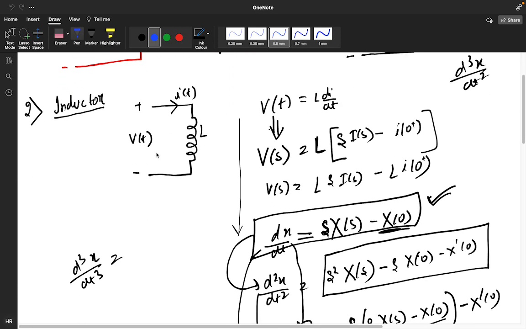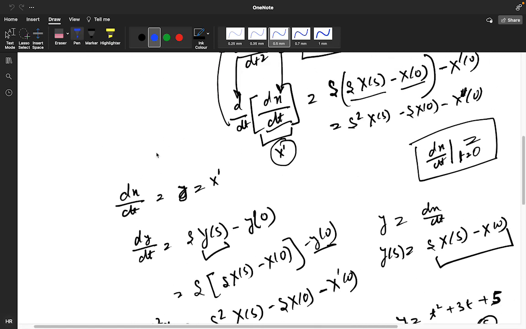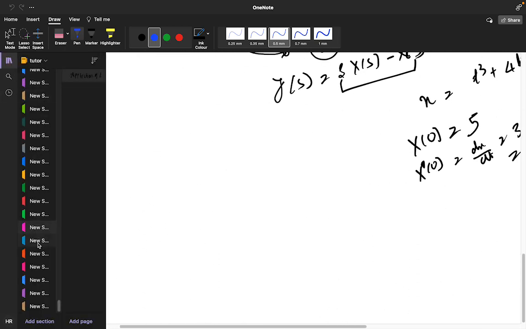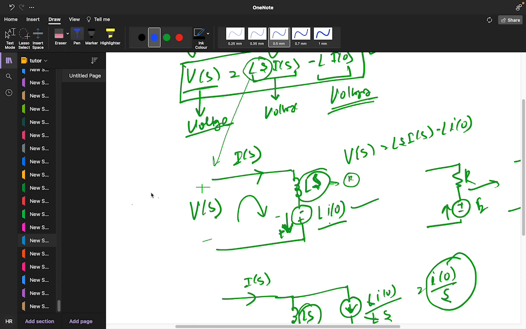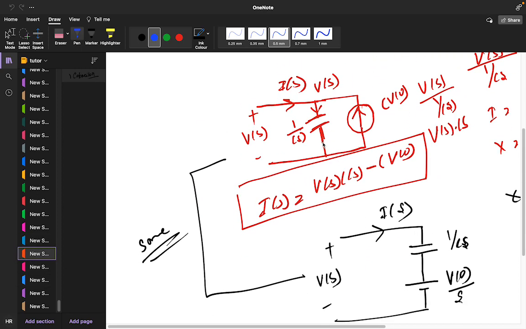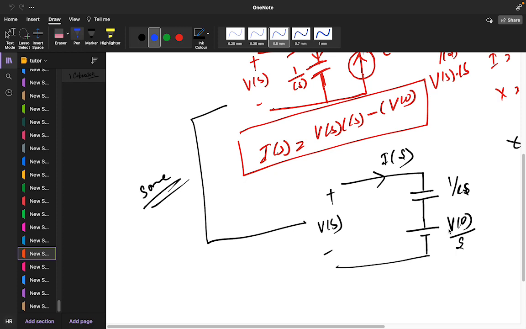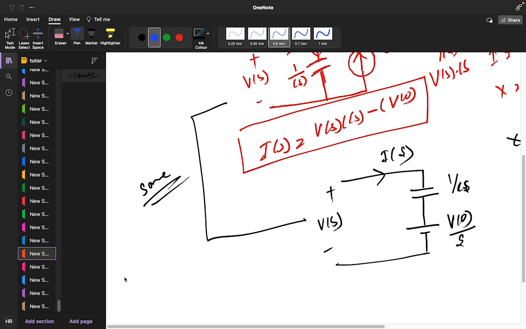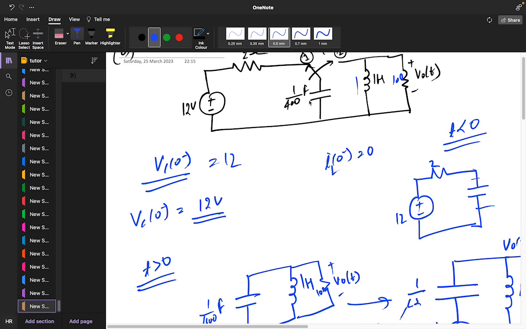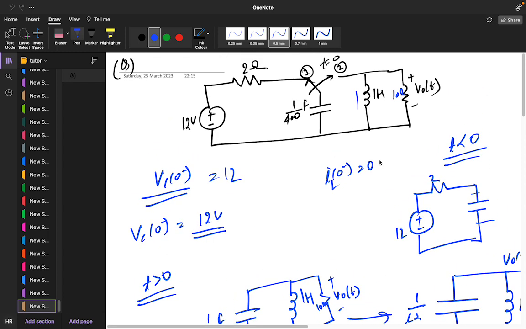And the inductor representation is like this: Ls in series with minus L of I0. The capacitor representation is like this. And we found the value of vc of 0 minus is 12 only, and iL of 0 minus is 0.